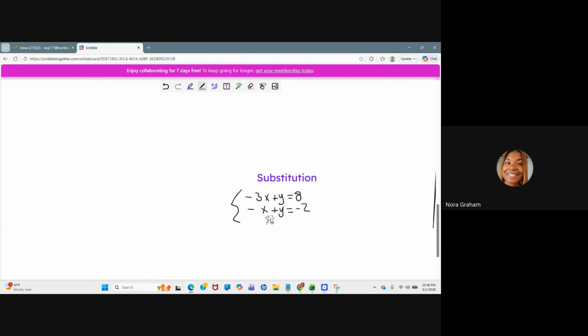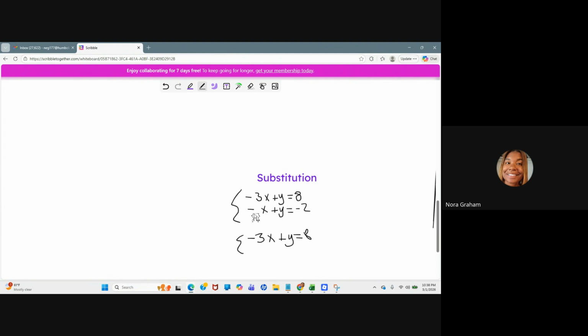I would look at the second equation again because it's so simple. It doesn't have many coefficients. I would be like, hey, I can get my y all by itself, right? So if I rewrite this and just have the top come along for the party, 3x plus y equals 8.